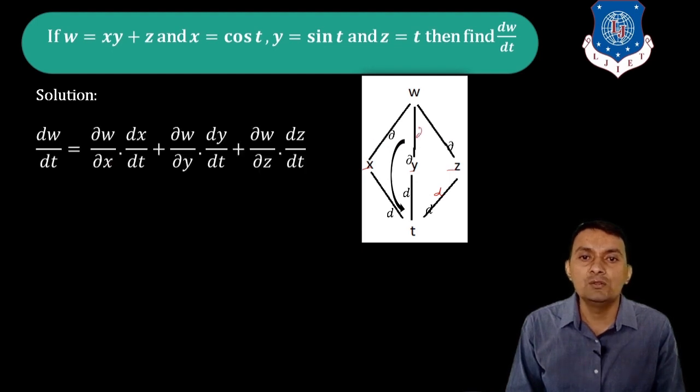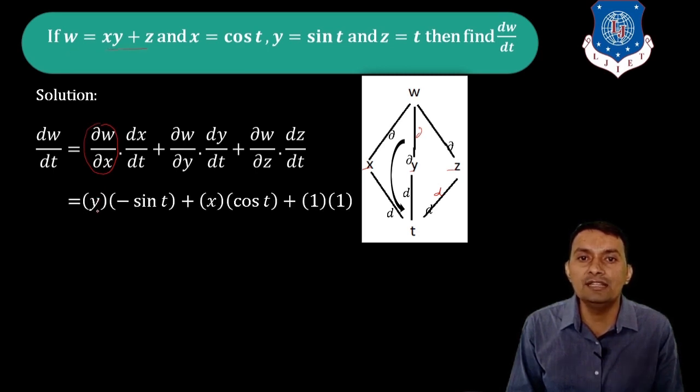Now look at dw by dt, which can be written as del w by del x into dx by dt plus del w by del y into dy by dt plus del w by del z into dz by dt. But for that I first have to concentrate on del w by del x. So w is there, the partial derivative with respect to x is going to be only y, and dx by dt, x is equal to cos t, so dx by dt is going to be minus sin t.